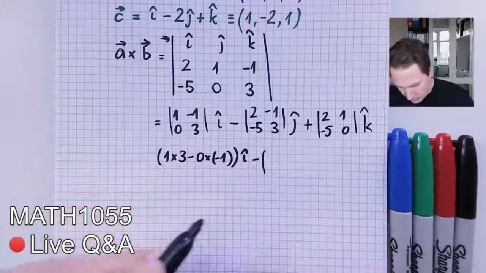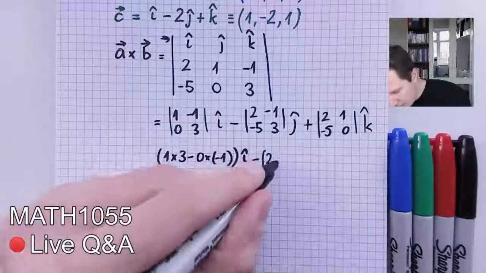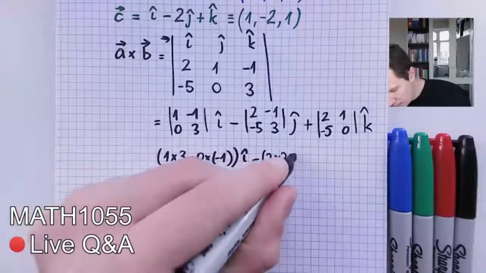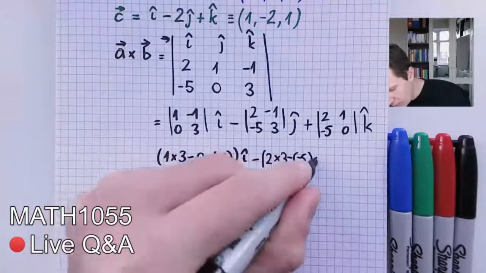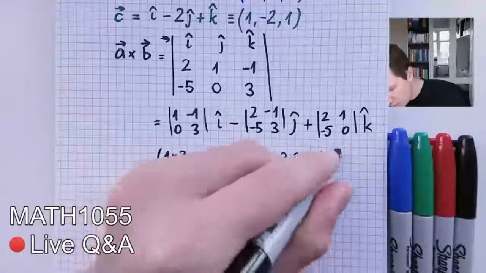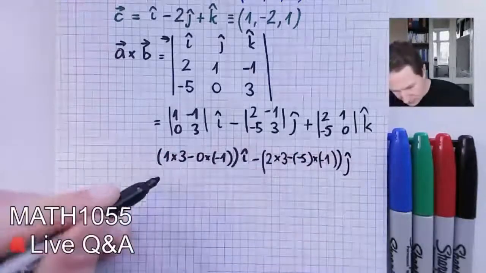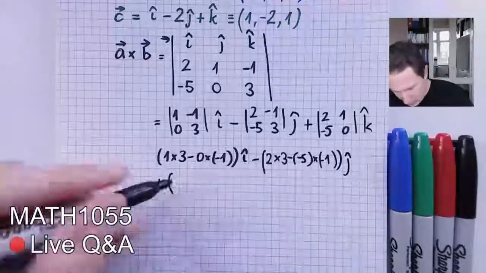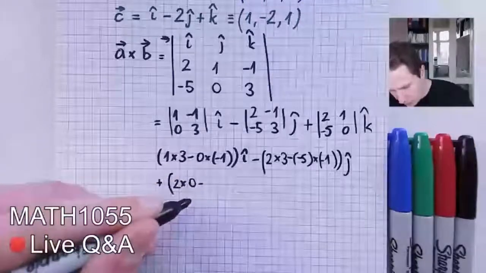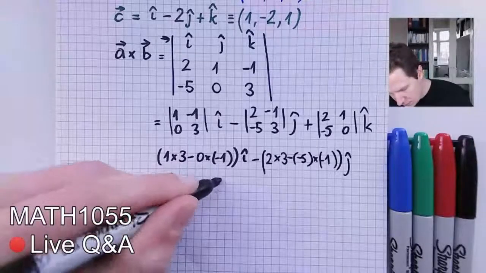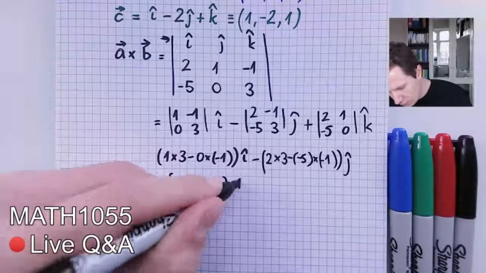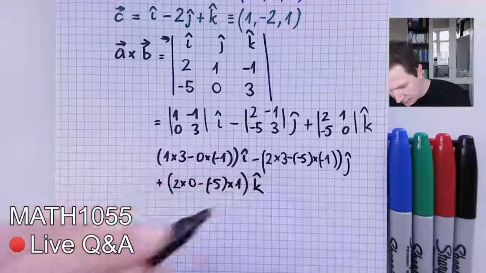Then we have minus 2 times 3 minus -5 times -1 for the coefficient of j hat. And we have 2 times 0 minus -5 times 1 for the coefficient of k hat.